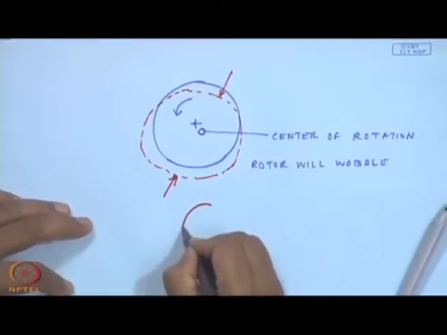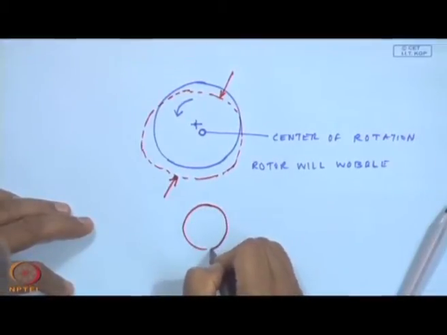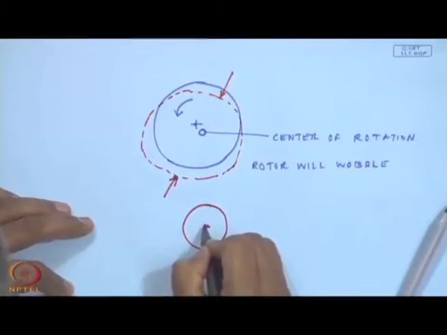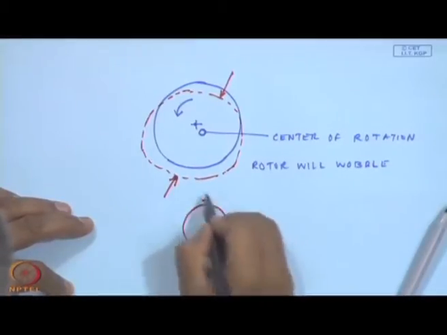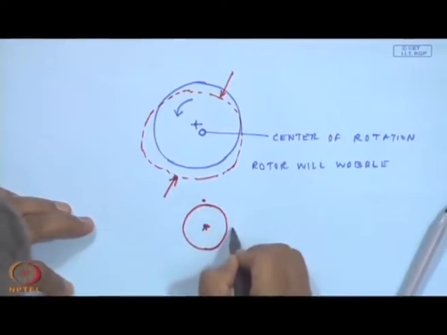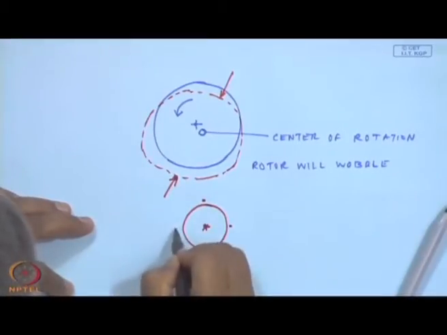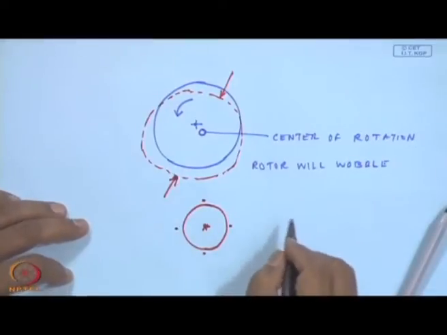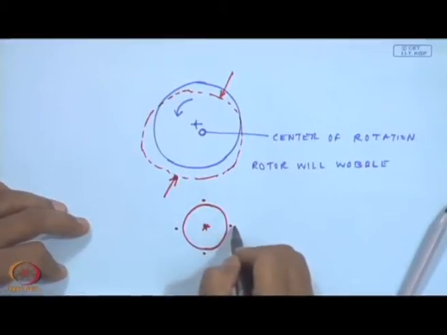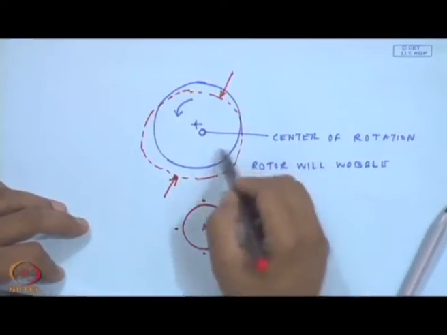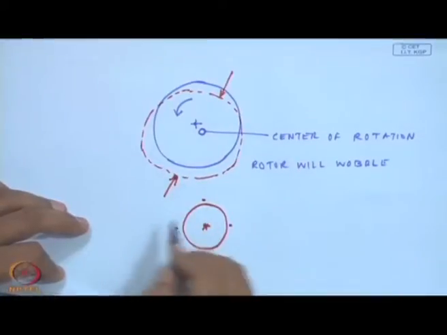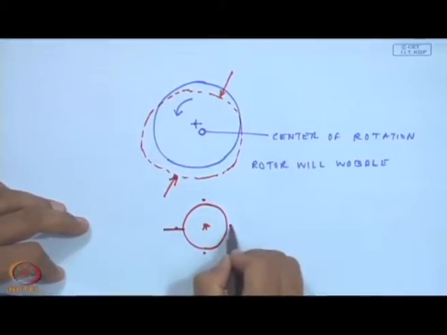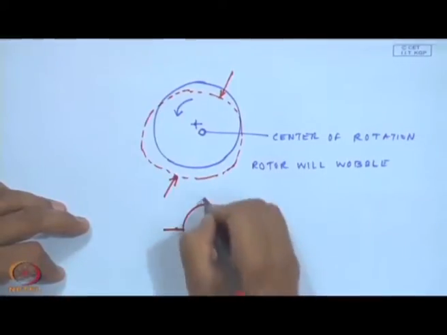If this was a perfectly balanced rotor, the displacements at locations called the 12 o'clock, 3 o'clock, 6 o'clock or 9 o'clock positions will be the same. But if the center of rotation is not at the mass center, it will be wobbling, and one level will be less compared to another, and here another level is more compared to this.